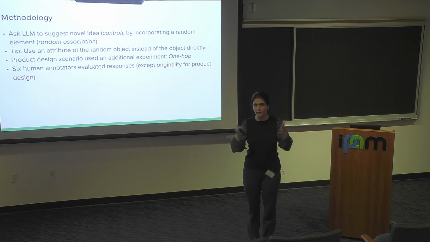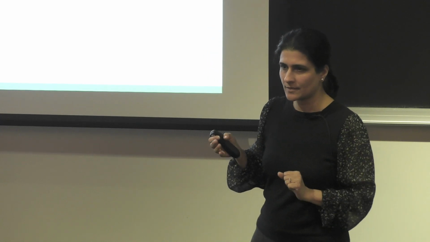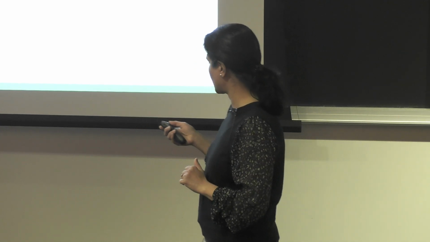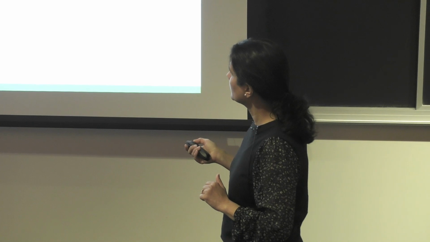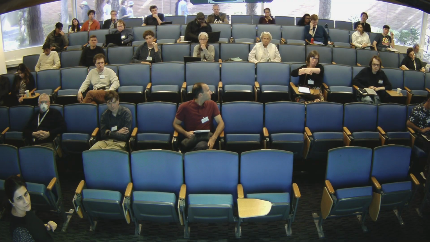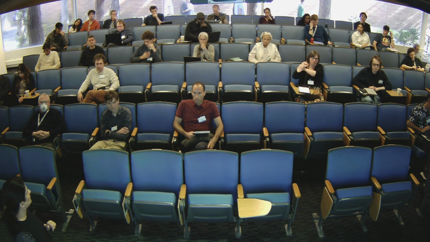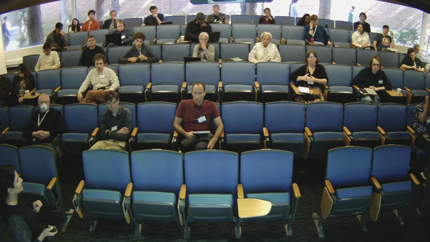It already knows a lot of information. So if it came up with an object that we can't find on Amazon or Etsy or eBay or any of these sites, then we're going to consider it original. Otherwise, it doesn't get a point for originality. So when you give it a tip, are you stating the attribute or are you just saying use an attribute? We say use an attribute.